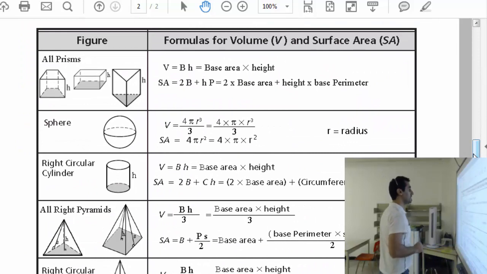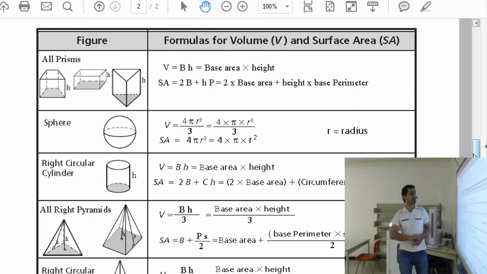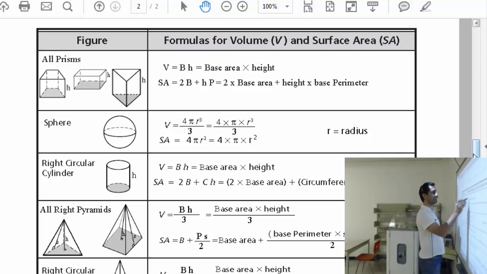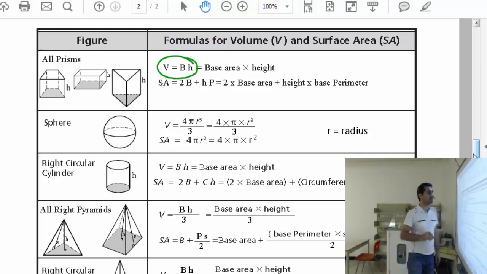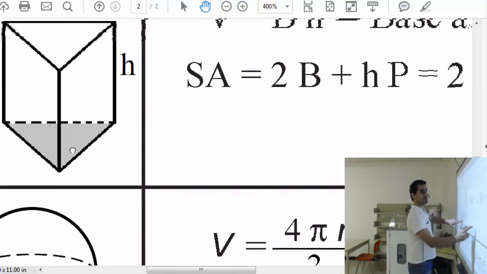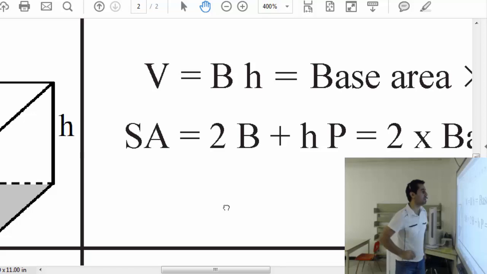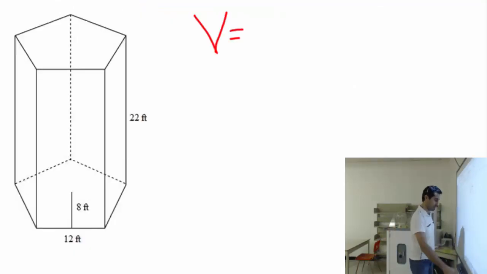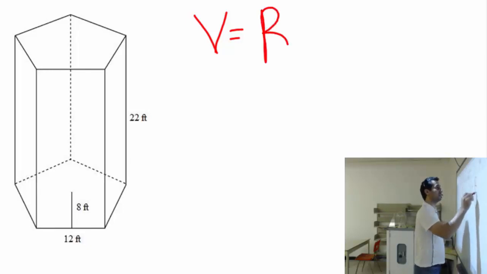This is where the surface area and volume formulas are for prisms, all types of prism. Simply, just like what we did yesterday, I'm going to write down BH, volume equals BH. Just like yesterday, let's make it a little bit bigger, 400. Here is the formula. V equals BH. Let's copy that. V equals capital BH.